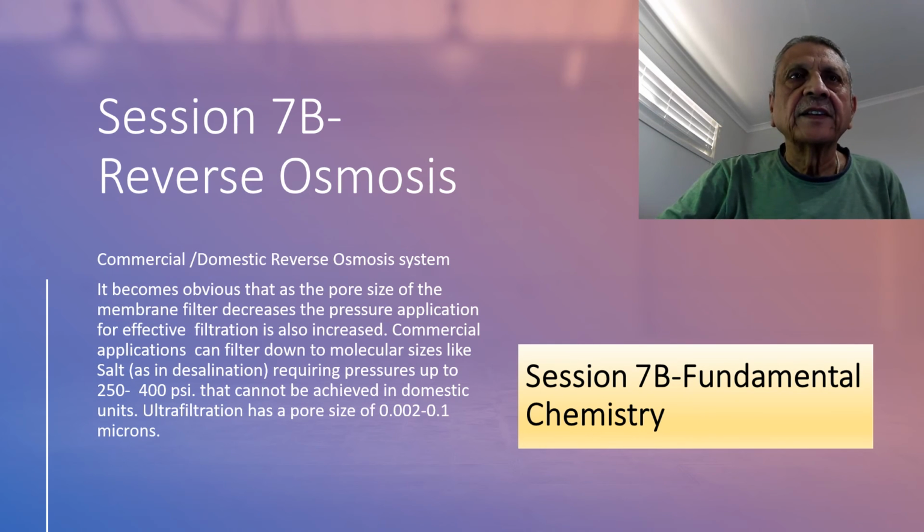Just to repeat, in commercial and domestic reverse osmosis systems, there is an effective high pressure of application to filter the small particle sizes, molecular sizes such as salts, and the pressures can be up to 250 to 400 psi.